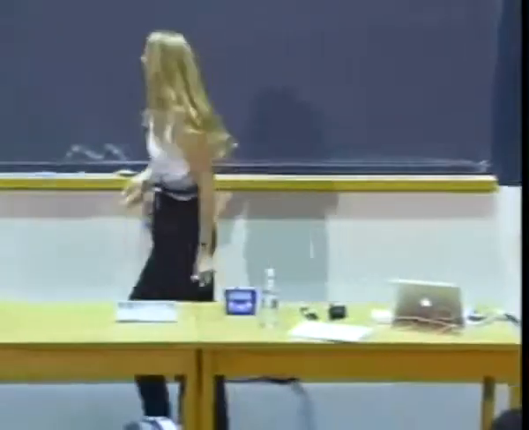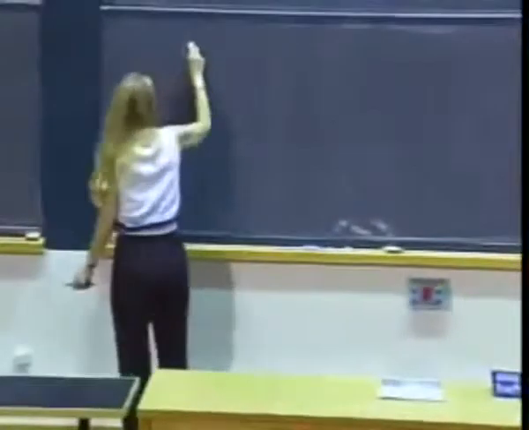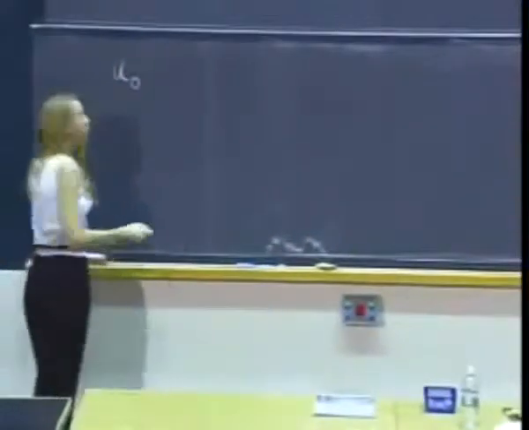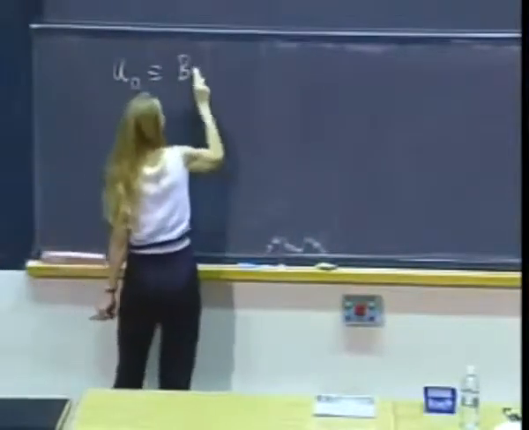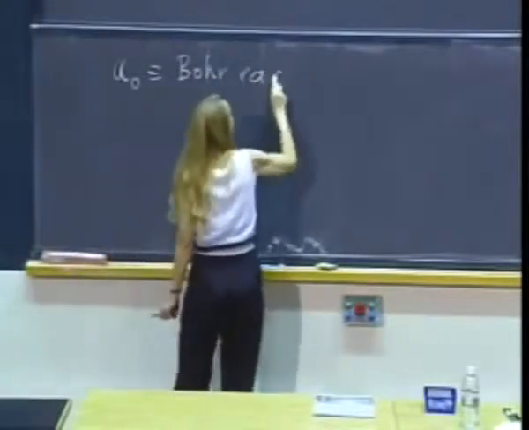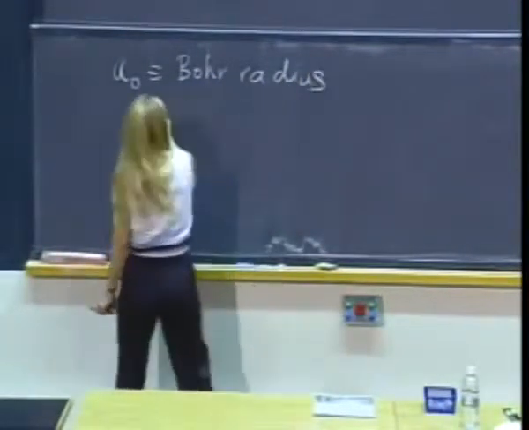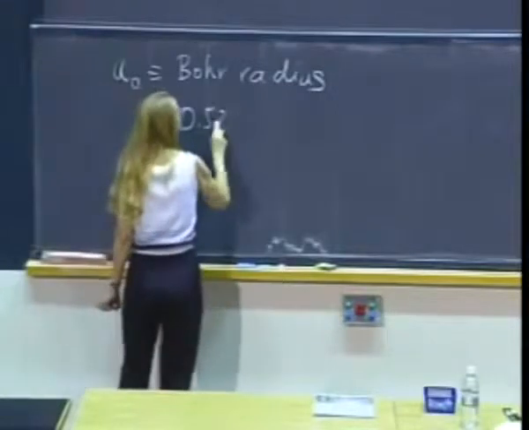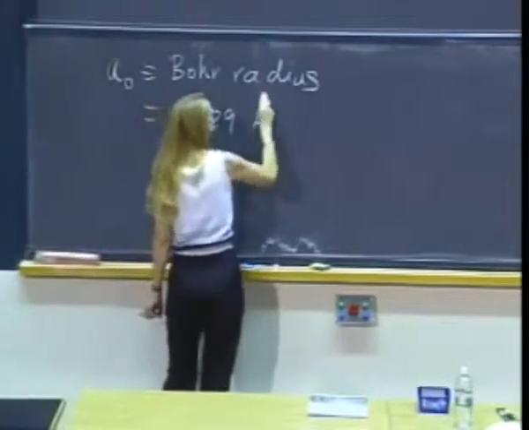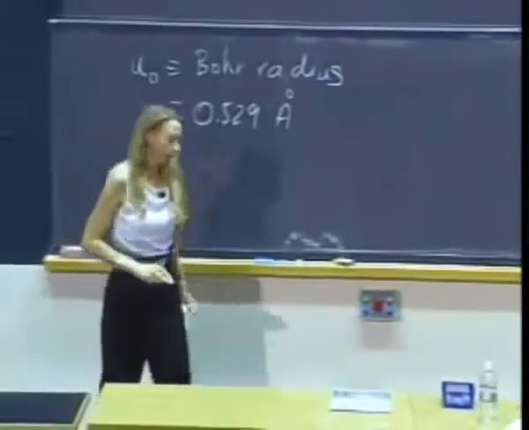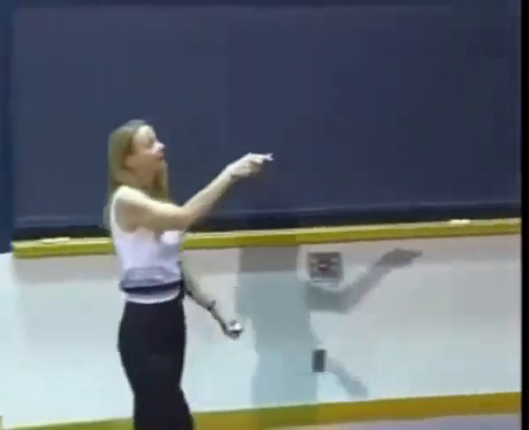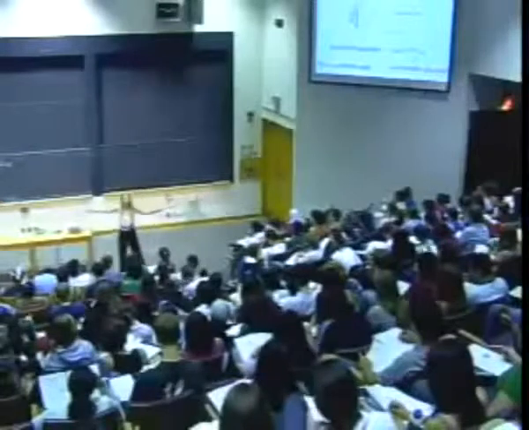And I said last time that this a naught is a constant. It's called the Bohr radius, and today I'll explain why it's called the Bohr radius. But it has a value of 0.529 angstroms. So it's most likely to find the electron about a half an angstrom away from the nucleus.